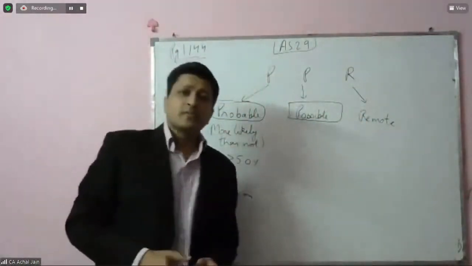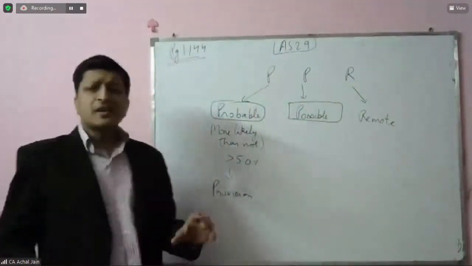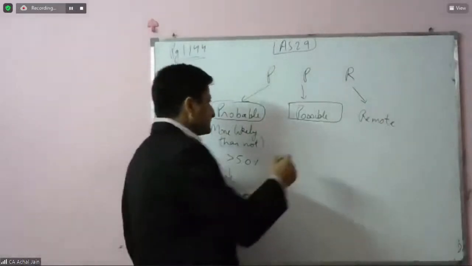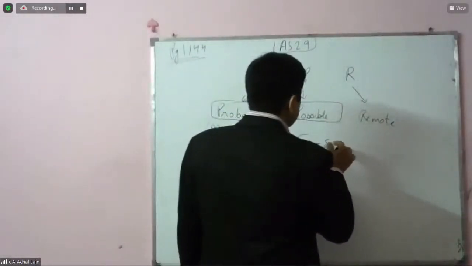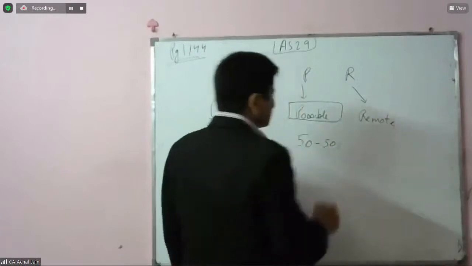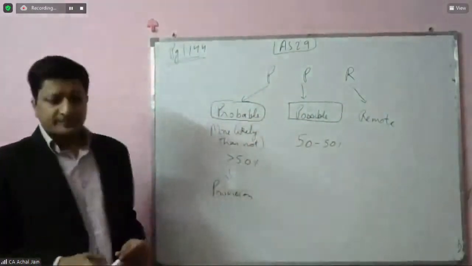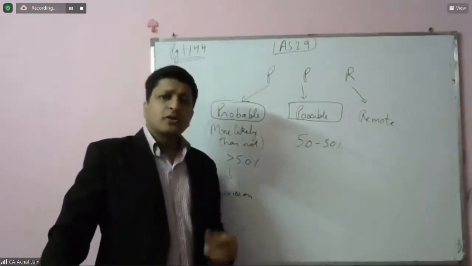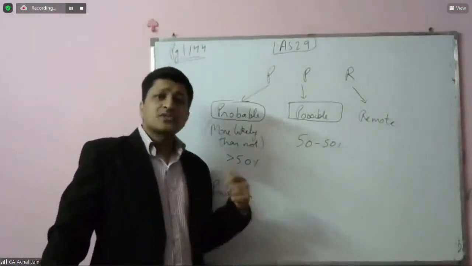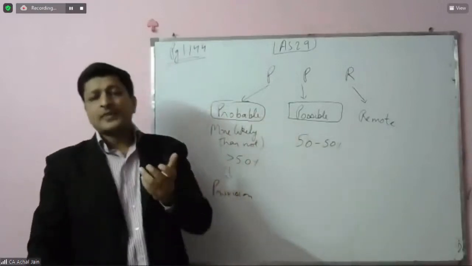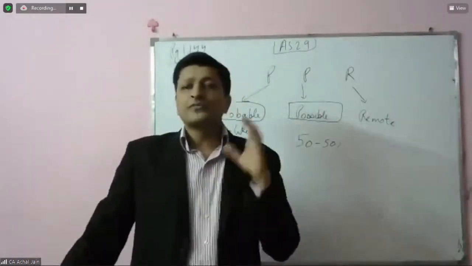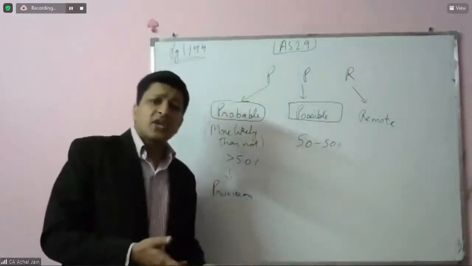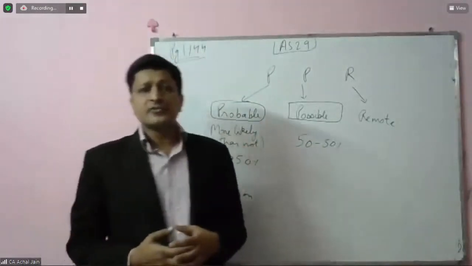Let's suppose it is not probable, it is possible. What do you mean by possible? Possible means a situation of 50-50, which means we are not sure. If I continue with the same example, let's suppose Sushil Limited is unsure about the outcome of this litigation. There are 50% chances of winning the case, 50% chances of losing the case.